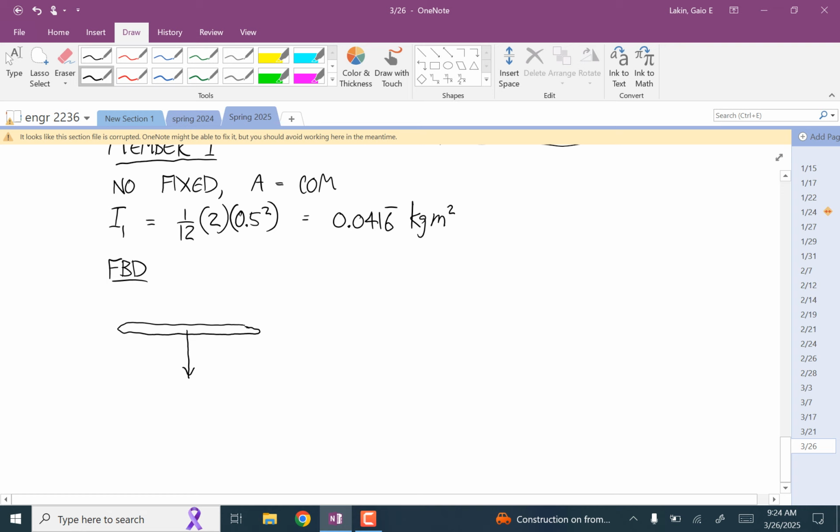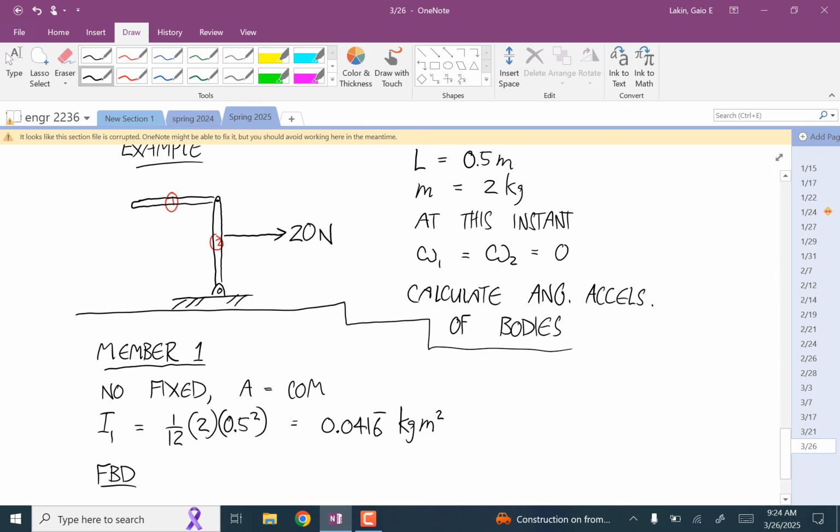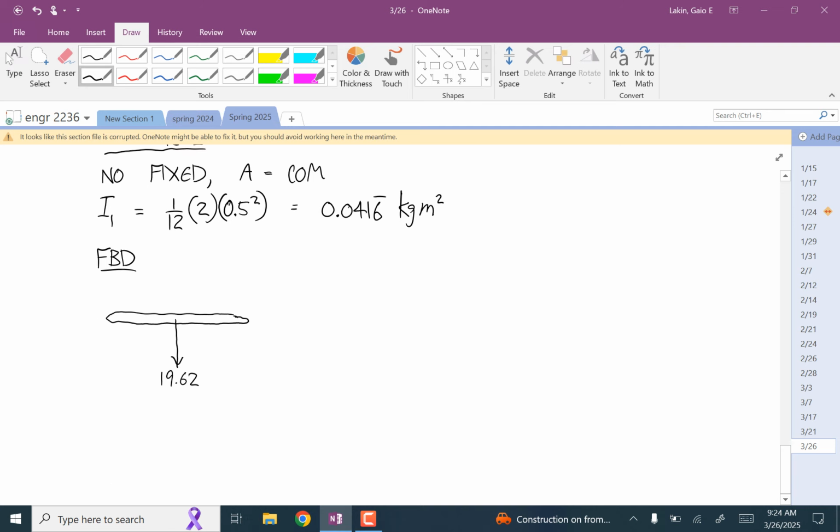There's a weight force down that's equal to 2 times 9.81, so 19.62. And then at this pin joint, there's an unknown force vector. I'm going to use the naming convention force on body 1 by body 2. Okay?